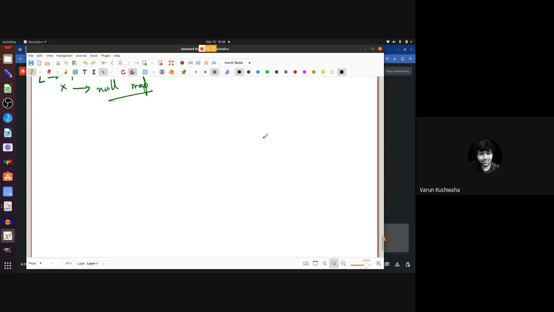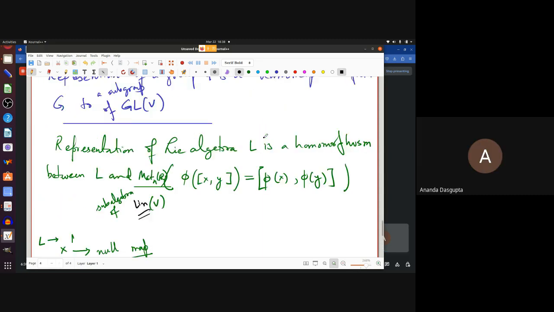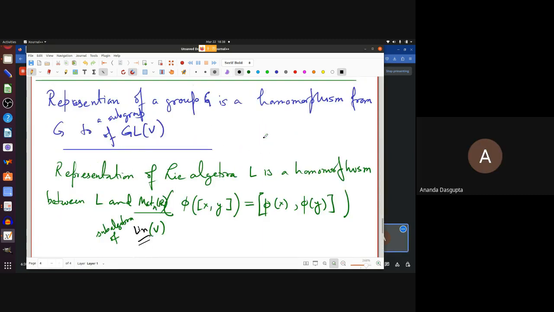Yes, sir. Now, in the case of a group, we found one representation. Remember, for a representation, you need to have a vector space, right? A representation has to map G onto GL(V), the operators acting on some vector space, right? So it needs some specific vector space.